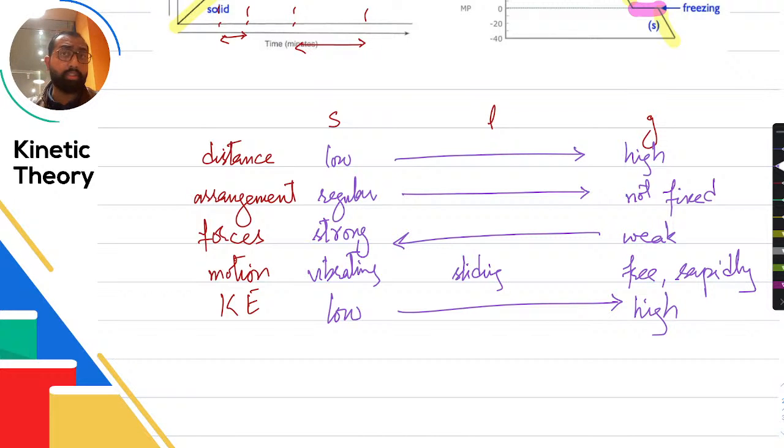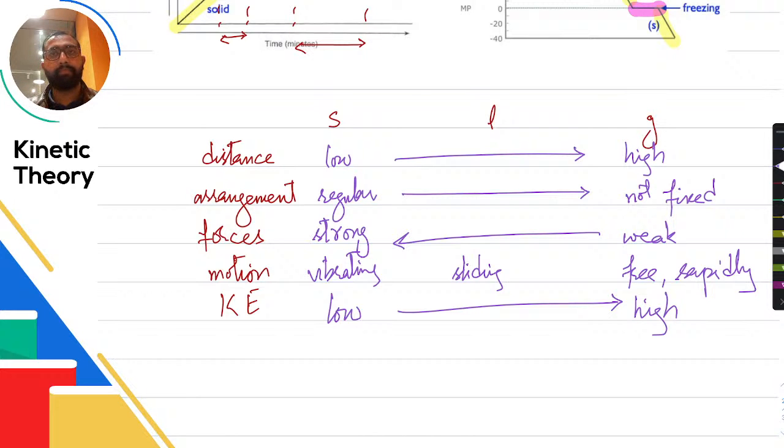Kinetic energy is higher. Now this does not mean that kinetic energy increases the distance, or that if you increase the distance somehow they're producing kinetic energy. No. What it means is, if they have more kinetic energy, they're able to move more. If they're able to move more, they're able to move far. That's it. If you give them more kinetic energy, they're able to go further away.